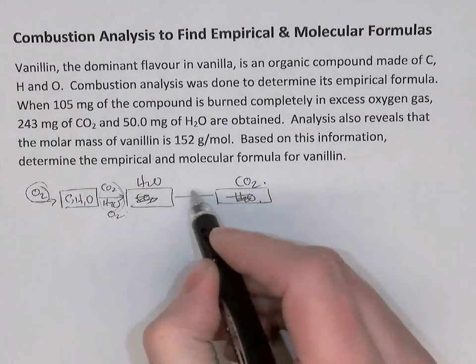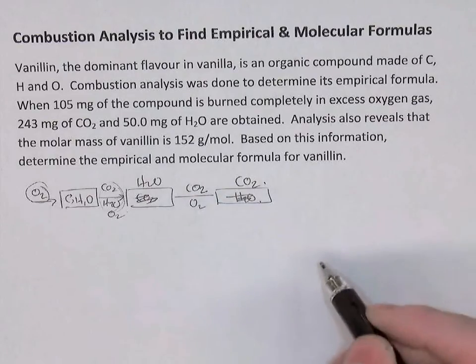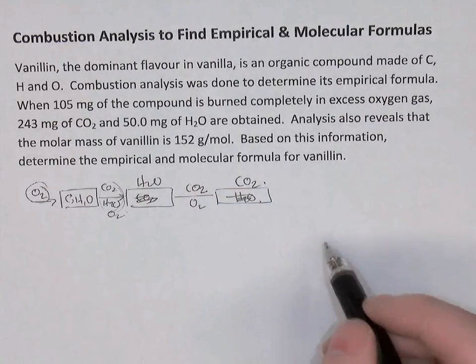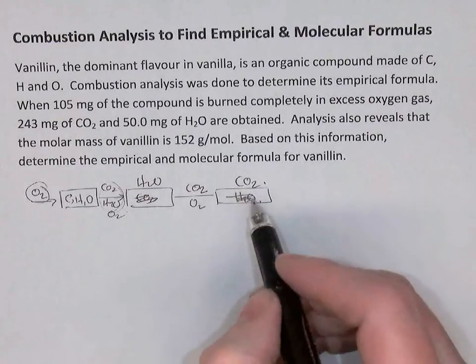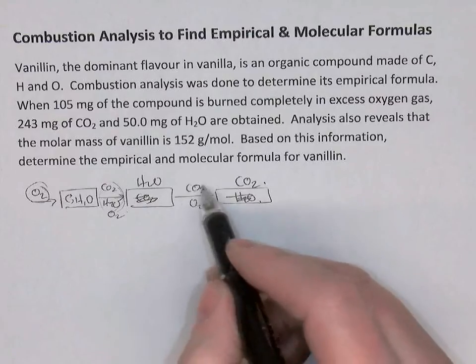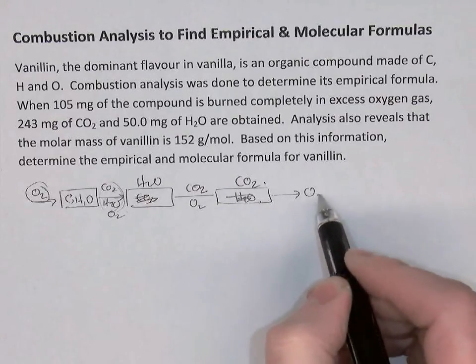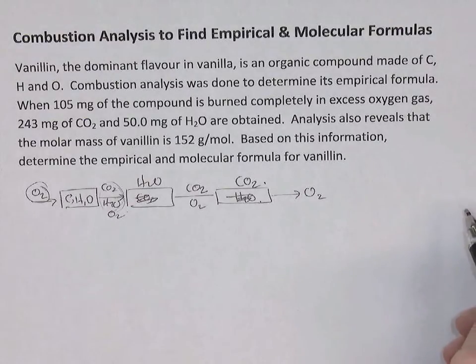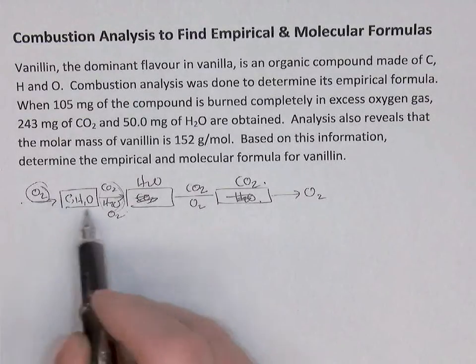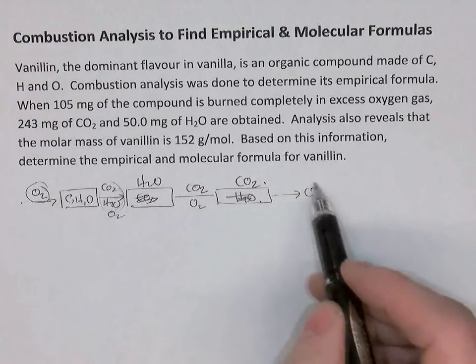What comes through the container is whatever CO2 was produced and whatever excess oxygen gas was still there. The second container contains sodium hydroxide, and sodium hydroxide will absorb CO2, and then at the end, only excess oxygen comes through. The oxygen goes in to burn the compound, excess oxygen is used, so some oxygen is left at the end.